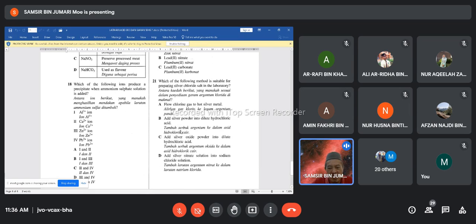B, powder into the, this is also the same, which I explained just now. C, add silver powder into dilute acid. C and B are the same. Silver powder totally cannot react with hydrochloric acid because silver is a very, very unreactive metal.